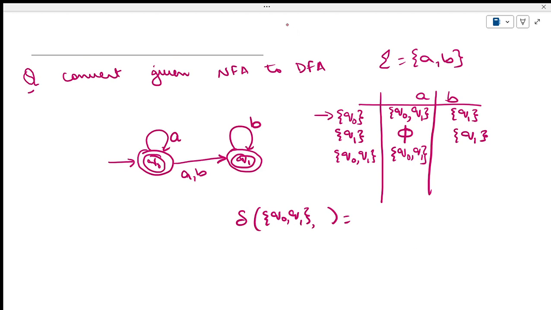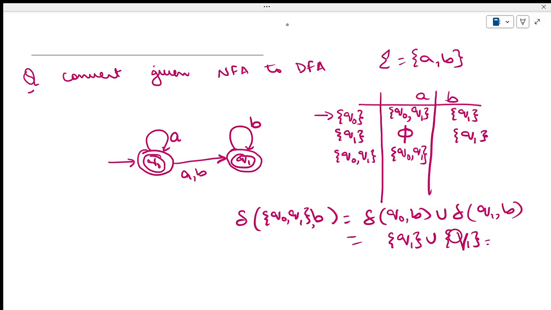{Q0, Q1} on reading B: delta Q0 with B union delta Q1 with B. Q0 on reading B is going to state Q1, union delta Q1 B, that is the transition of Q1 on reading B, which is Q1 only.